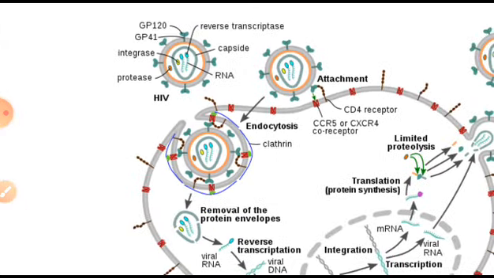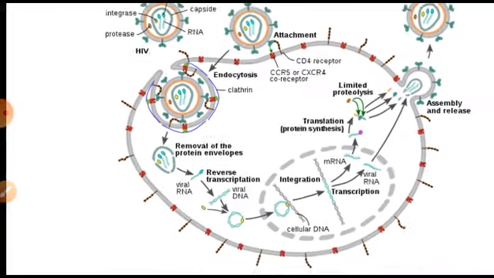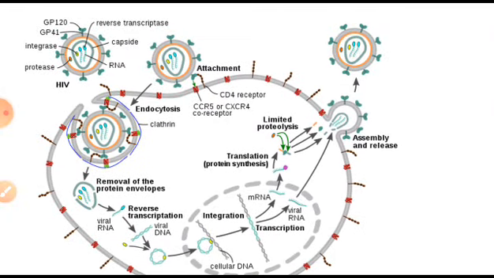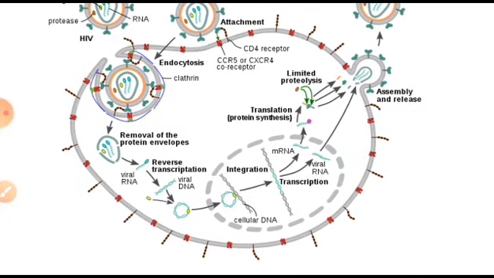So the usual process is, once the particle goes inside the cell with the help of the clathrin protein, clathrin proteins make the vesicle for the virus, a safe zone by which it goes inside safely and avoids any attack by the cell.